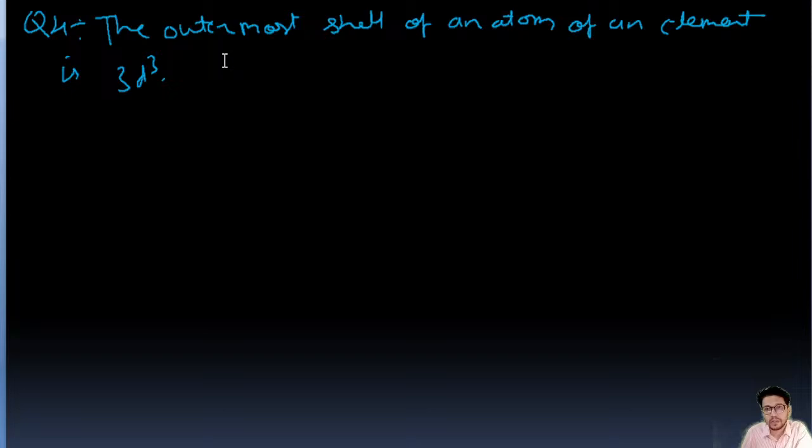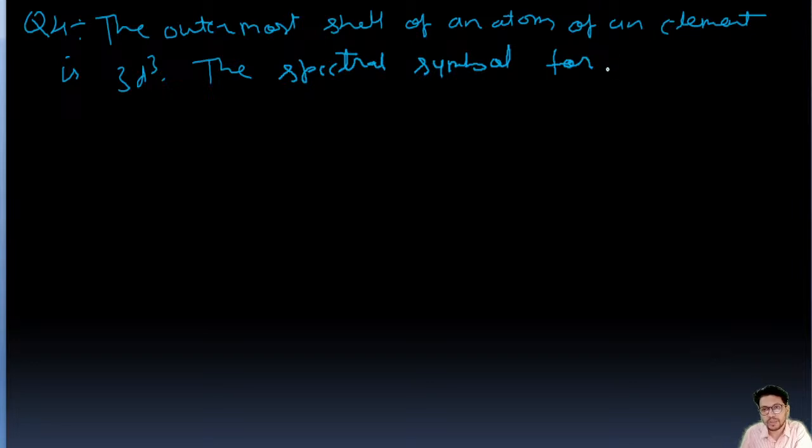The spectral symbol for the ground state is, so the outermost shell is given.